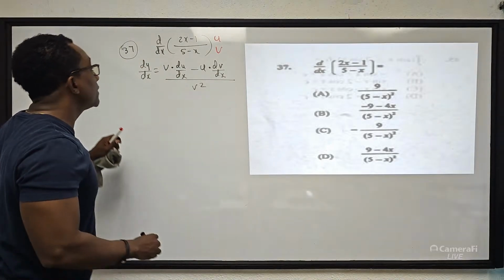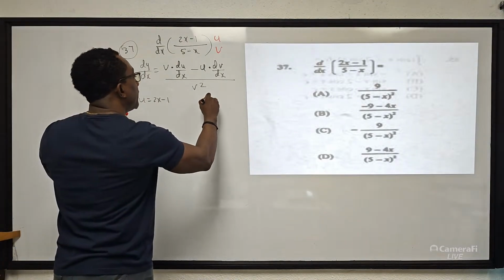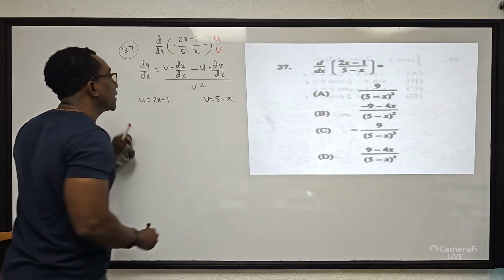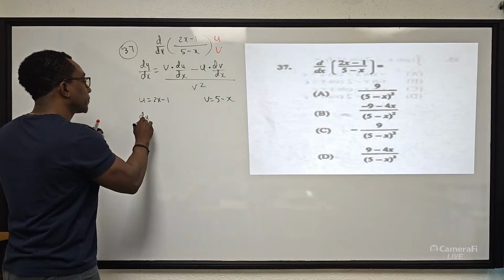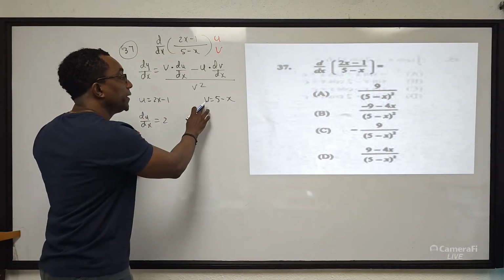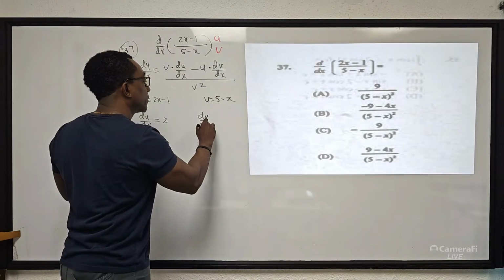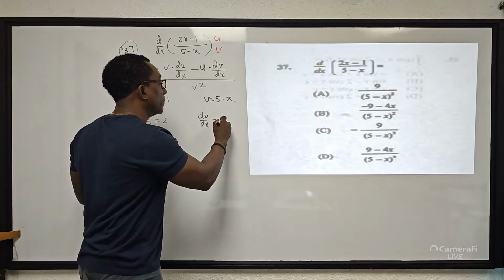So that's your quotient rule. So let us itemize each. I have u, which is 2x minus 1. I have v, which is 5 minus x. So let me get du over dx, u with respect to x, which is 2, and let me get dv over dx, v with respect to x, and the differential of 5 minus x will give me negative 1.